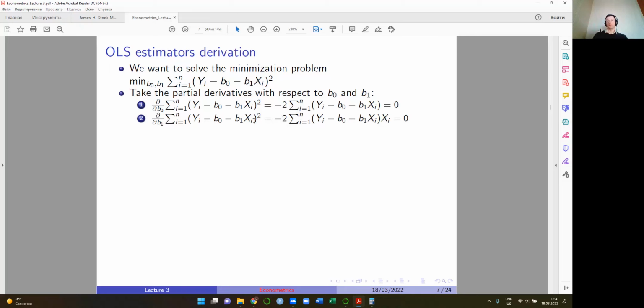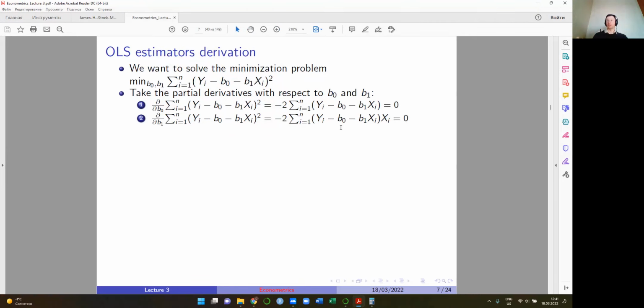But one more thing: when we take the derivative of the inside function with respect to b1, there is going to be xi in front of the brackets. So we have the brackets multiplied by xi, and everything is under the summation sign.